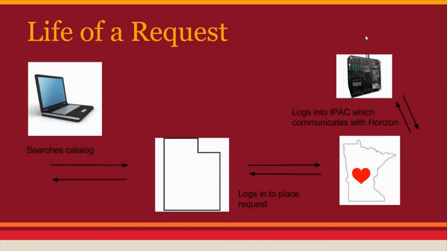Georgia. Donovan says it's actually in Georgia. Okay, so your search goes to Georgia, but we'll just pretend it's going to Utah. And then your search results come back to Minnesota, right? And I gave it a heart because we all love Minnesota. But your search is also talking to our IPAC server here in Minnesota. And it communicates with Horizon. And then all that information has to come back so that your search results display on your screen.